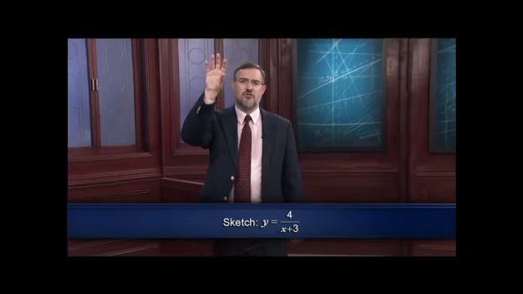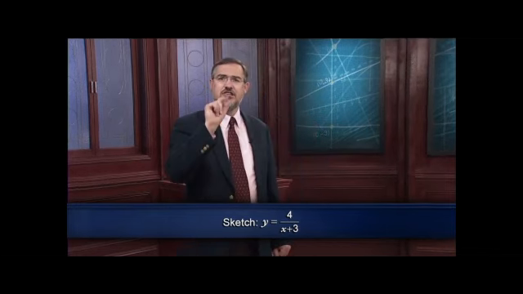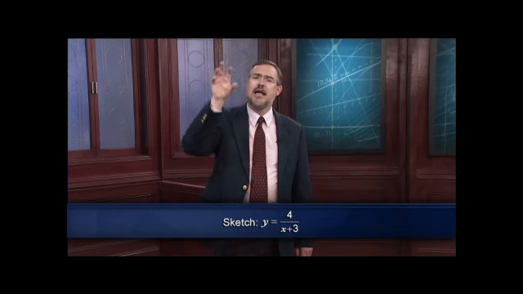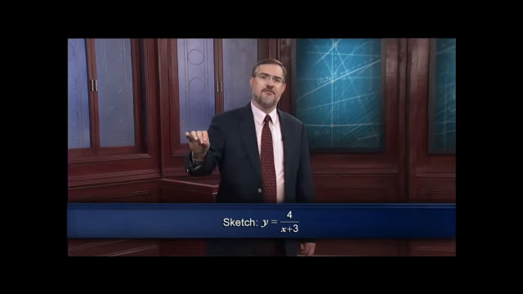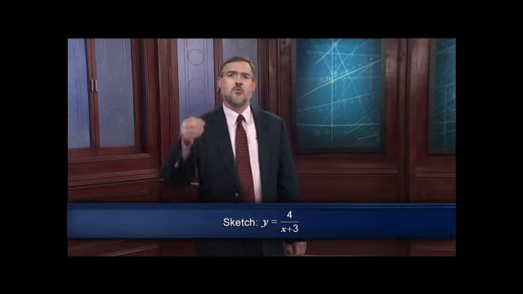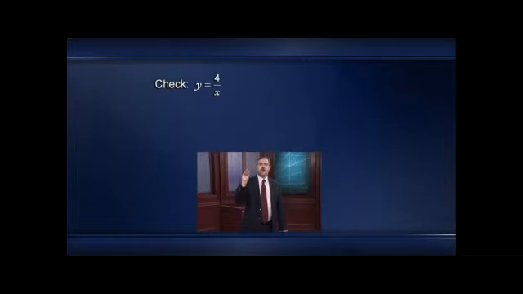And we look at just the ratio of that dominant term in the numerator divided by the dominant term in the denominator. In this case, you're basically just looking at the 4 on top. It's the only term up there. And the dominant term in the denominator is the x. The x would grow a lot faster than a 3 because a 3 is just a 3 and it's always just a 3. So what we do is we look at the ratio 4 over x.